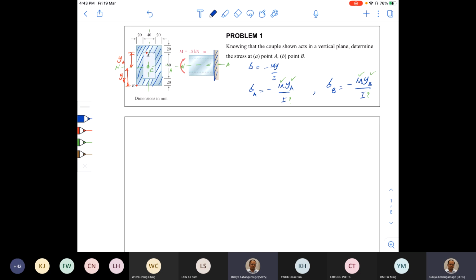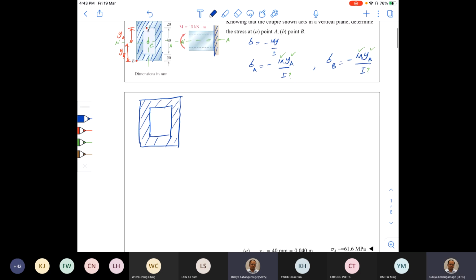I'm going to draw a figure here to show the cross section. This is the cross section, and let's take the moment of inertia of this section as I. Here is the neutral axis.